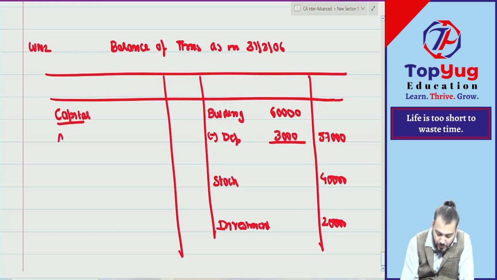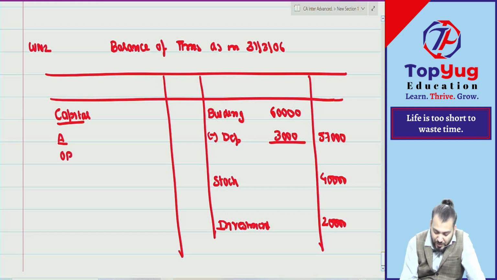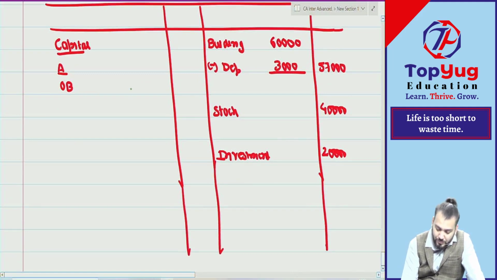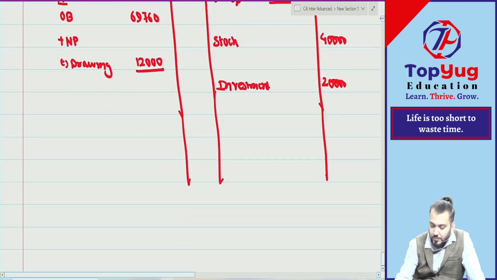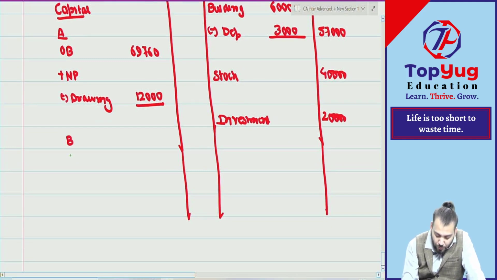Then capital. Tell me, A's opening balance, how much? Now we have prepared it: 69,760. We will add net profit and minus drawing. Drawing is already given, how much? 12,000. Net profit we don't know yet. Then tell me B's opening balance, how much?